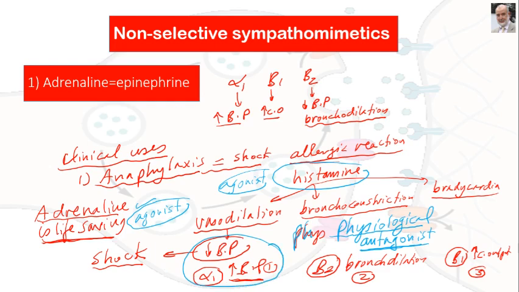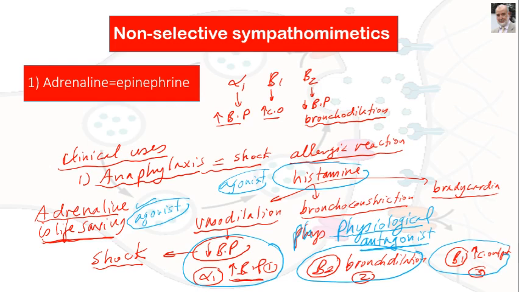That's why they are known as physiological antagonism. Physiologically, one increases blood pressure, the other decreases blood pressure. One produces bronchoconstriction, the other produces bronchodilation. One produces bradycardia, the other produces tachycardia. So they act oppositely. Each one will oppose the action of the other drug. This is known as physiological antagonism.